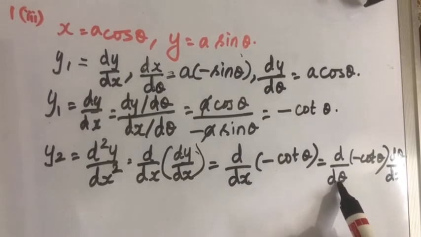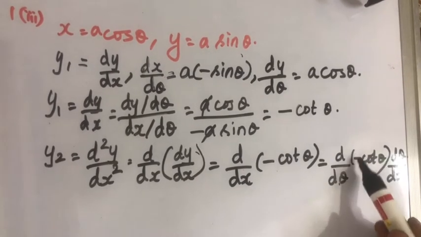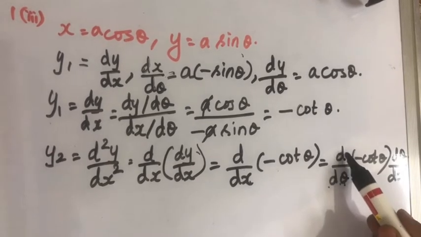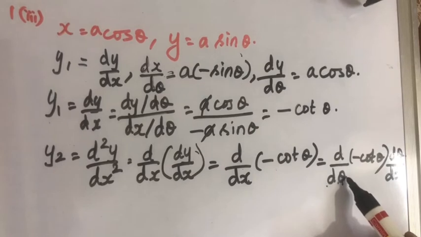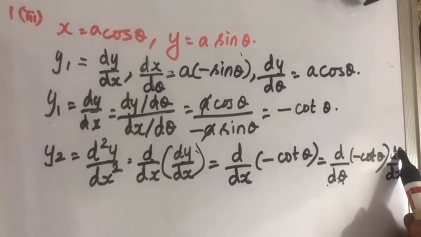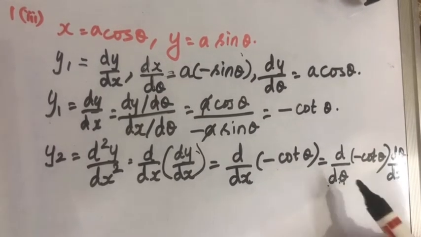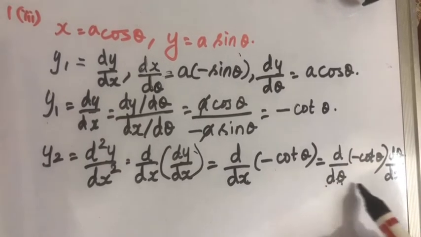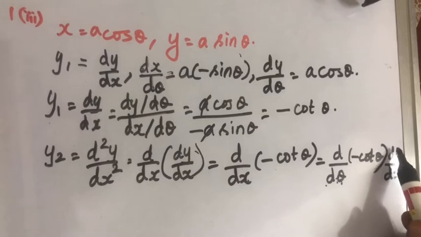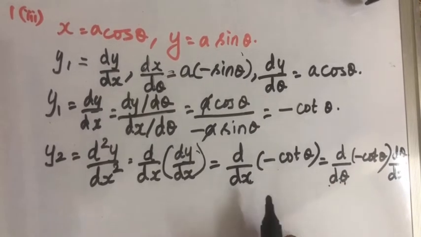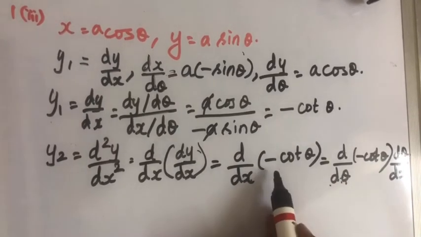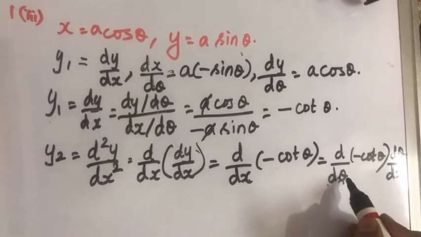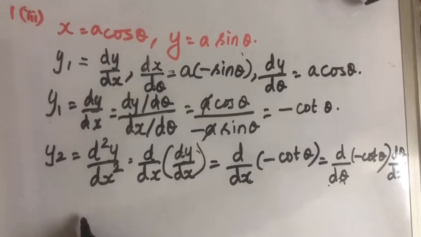So d by d theta of minus cot theta. So in go d theta, here also we have a d theta. Here we are differentiating this with respect to theta, and again we are differentiating that with respect to x. So first we are differentiating it with theta, again we are differentiating the theta with respect to x. So there is no change in the function, but we are altering that. Okay, so d by d theta into minus cot theta.